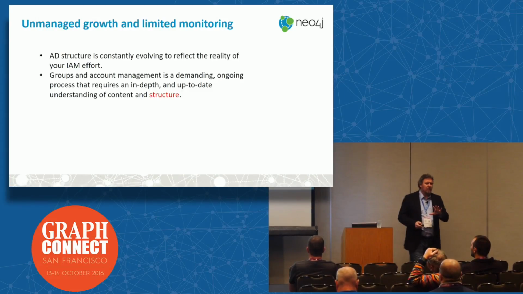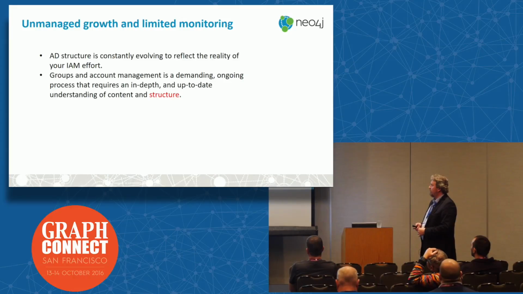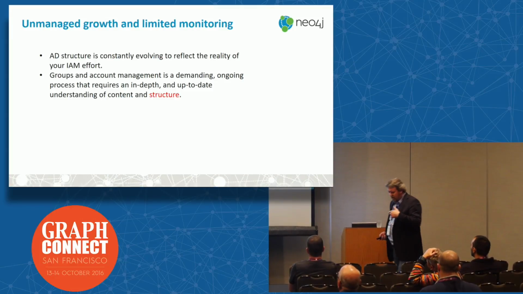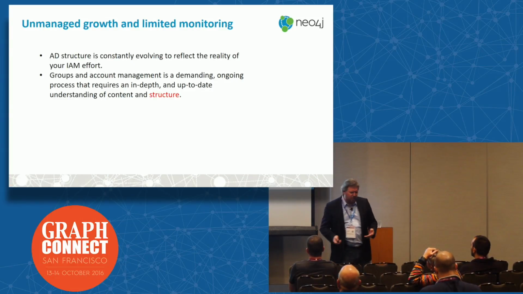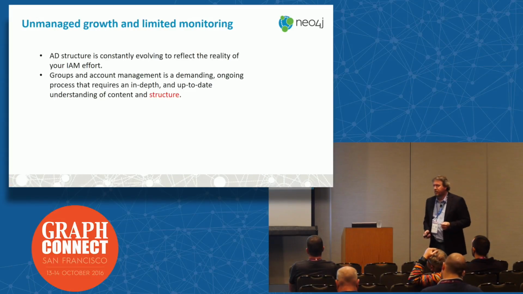This right here would be the killer problem. Unmanaged growth and limited monitoring. That was what finally turned the stone. This is the issue that finally led the organization to contact Neo4j and to send me out there to get them fixed up.